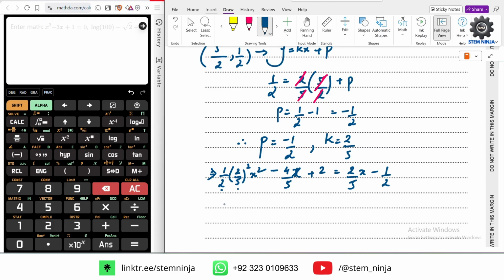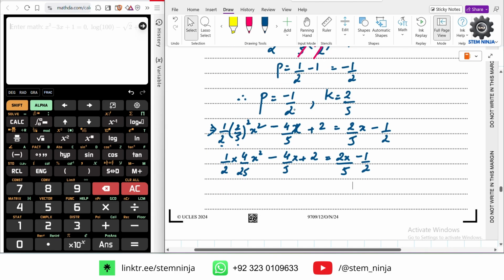Okay, so what we can do now is simplify. So this is 1 over 2, 4 over 25 x squared minus 4 over 5x plus 2 equals 2x over 5 minus 1 over 2. Should we multiply this by 50 on both sides?